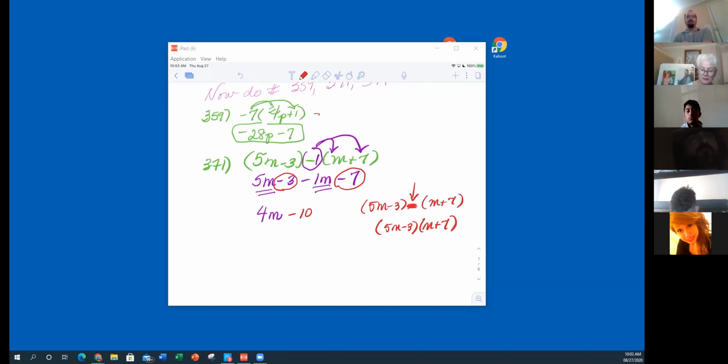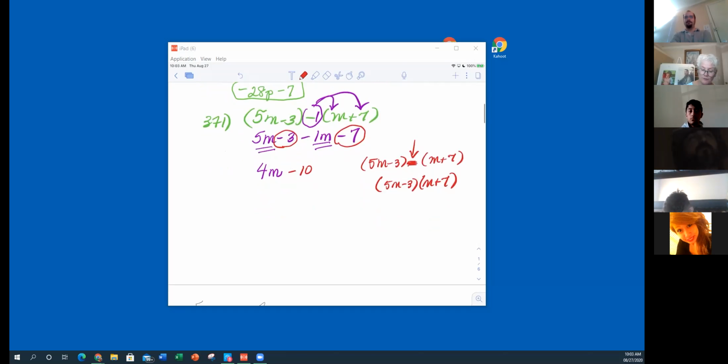And once you distribute the -7, you're through and the parentheses go away. Here you have a 5m minus 3 in parentheses. The parentheses really are not necessary there at all. It's like saying here's one quantity minus another quantity, which is why they wrote it like that. But you can actually just take away the parentheses. You can't do that for the second part because you have to distribute that negative first.